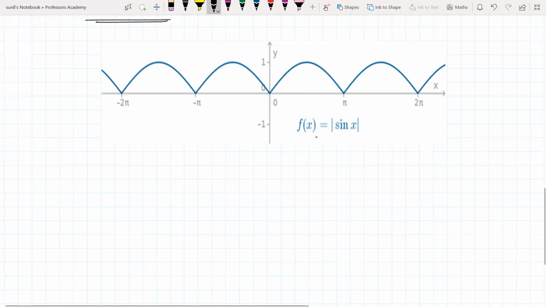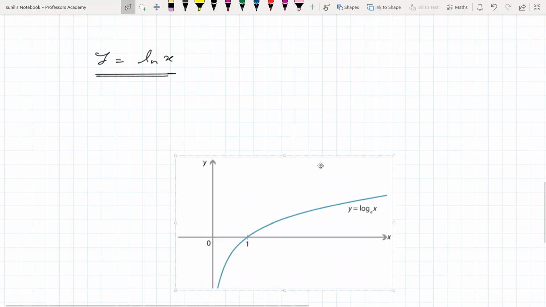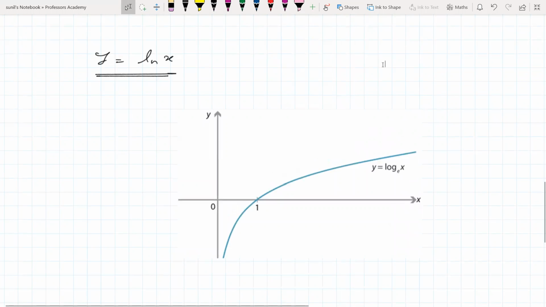The same way we know the graph of y equal to ln x. Here it is log with the base e. So y equal to ln x. We know that the graph is something like this. The graph comes out to be this one only. So what is happening?